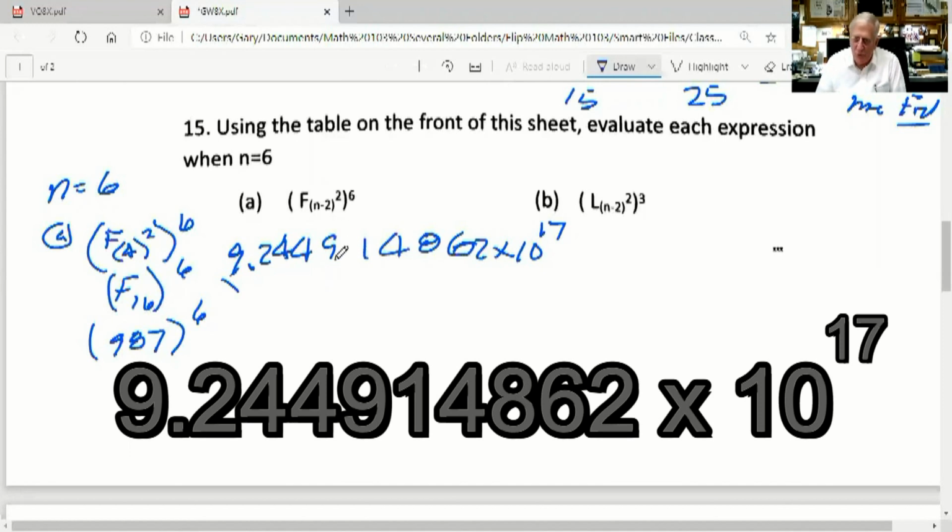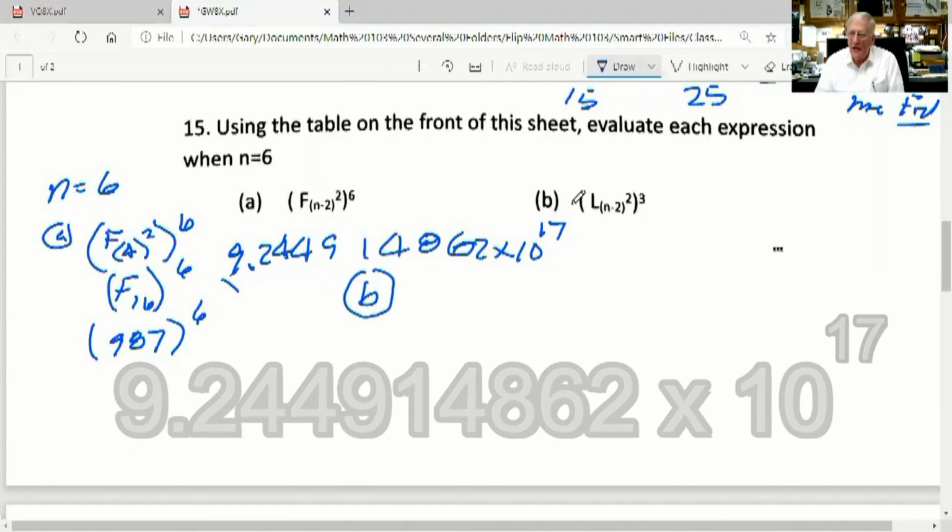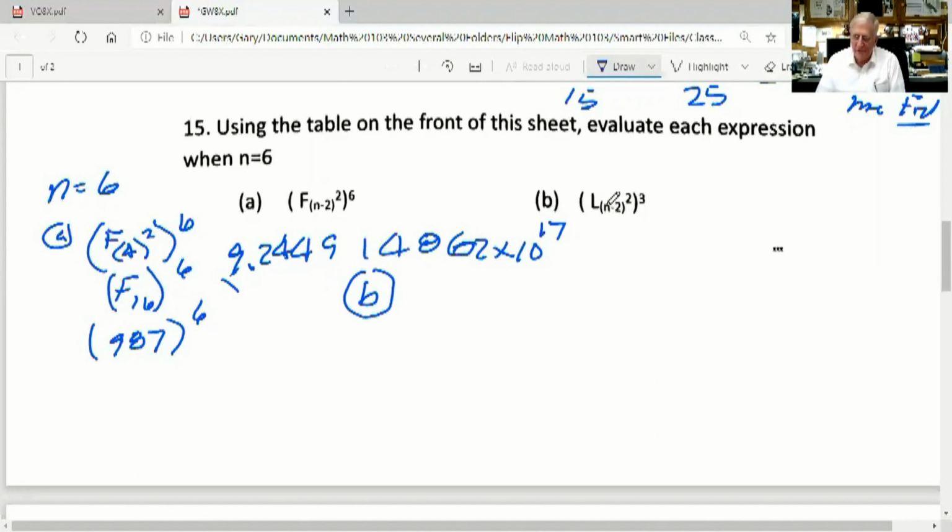Okay, let's do question B here. For the Lucas number, if n is 6, it'll be the Lucas number of 6 minus 2. That has to be squared, and then I'm going to take that to the 3rd power. So let's see. What is 6 minus 2? Again, it's 4.